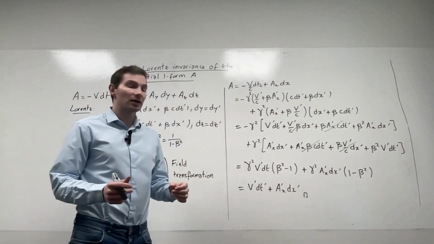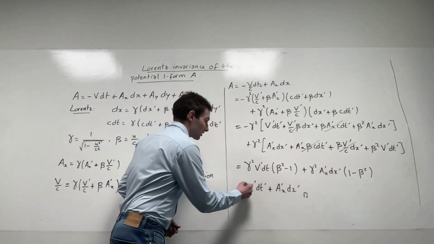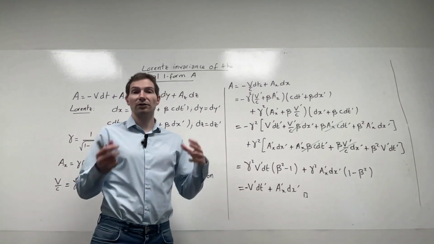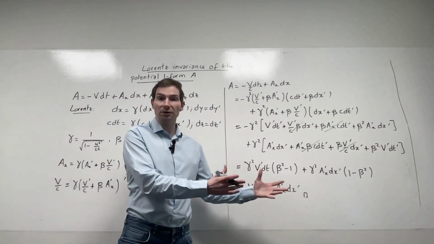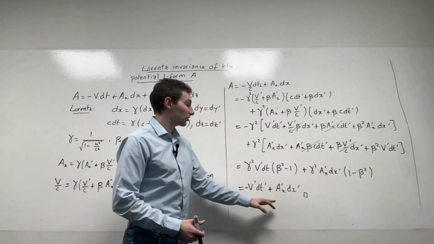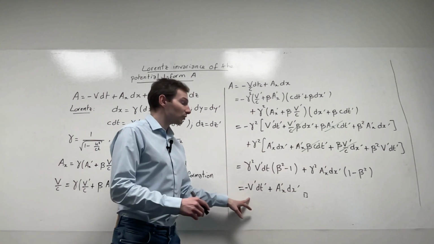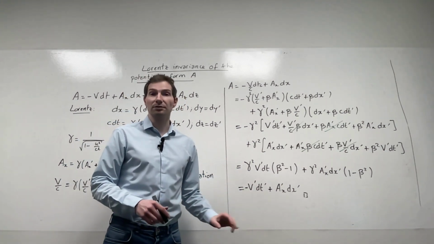What that means is that if you know the components of the field, sorry, that's a minus here. If you know the components of the field, in a particular inertial frame, then basically you're going to get a specific value at some specific location and so on for that particular one form. And the bottom line is that if you change the frame of reference, you're going to get the same value, okay?